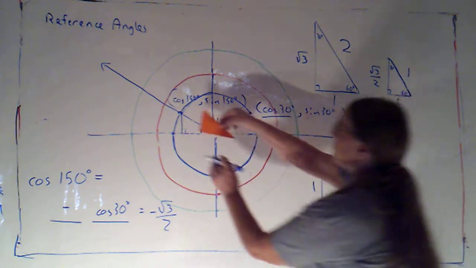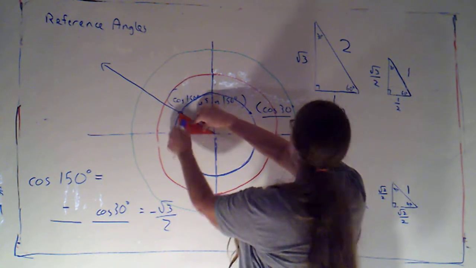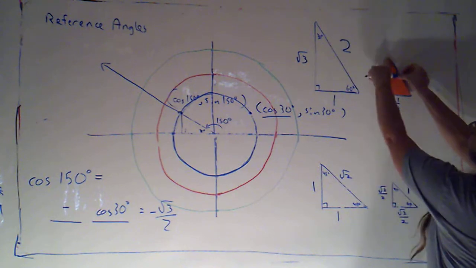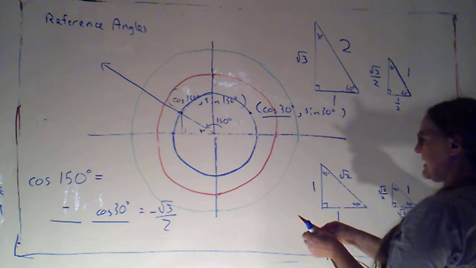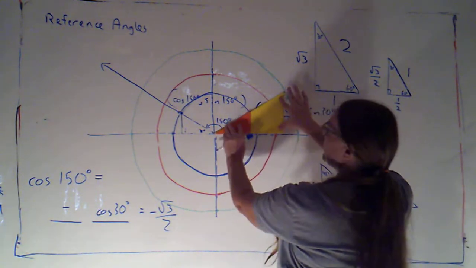Now, of course, if I'm using the unit circle here, I'm looking at that side length. That side length was this side right here. That is root 3 over 2. All I'm doing is saying, hey, if I want to, I could use this triangle instead.